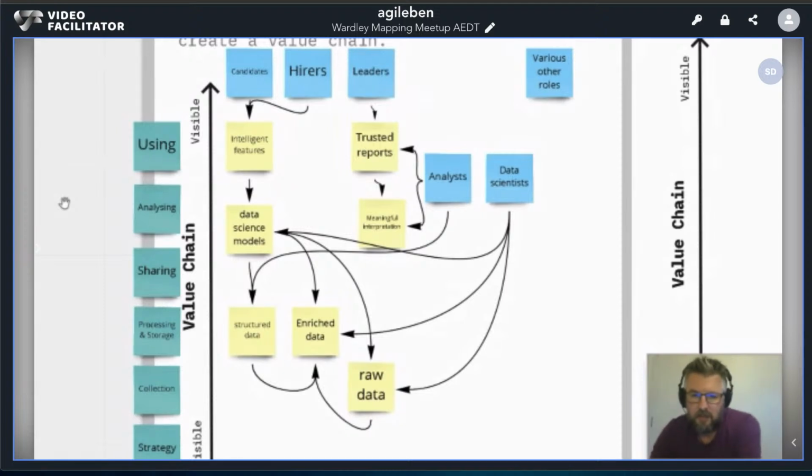One of the challenges, and this might be useful for those of you who have already started mapping, was how granular to make our map. Because for any given component, you could break it down into more components and more components and so on. This came up as a discussion point in our workshop, and what we agreed was to only add as much detail as was needed for the conversation.